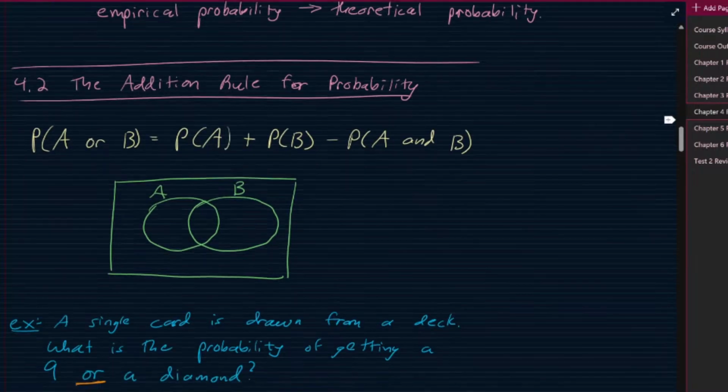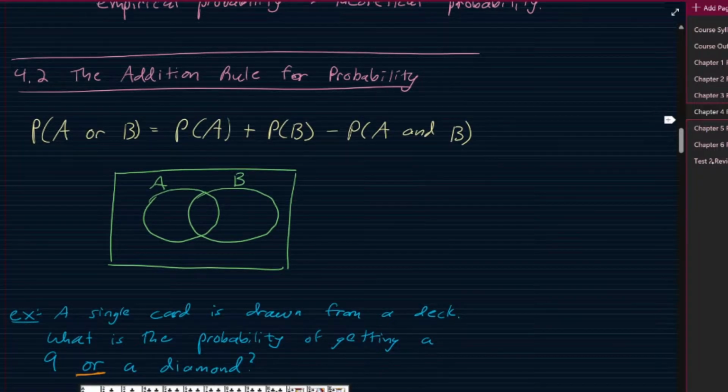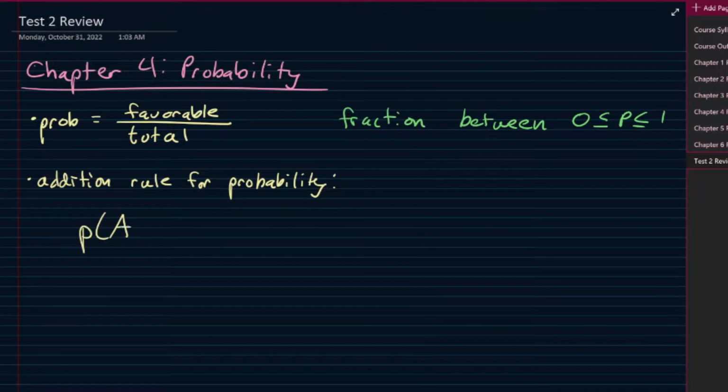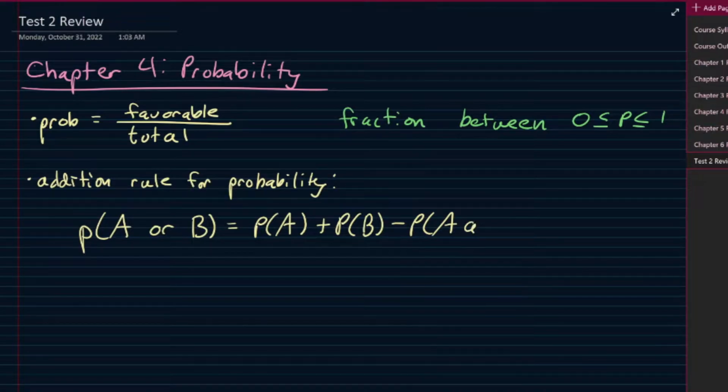And then we came to, very importantly, the addition rule for probability. Remember, the addition rule says that the probability of A or B is equal to the probability of A plus the probability of B minus the probability of A and B at the same time.